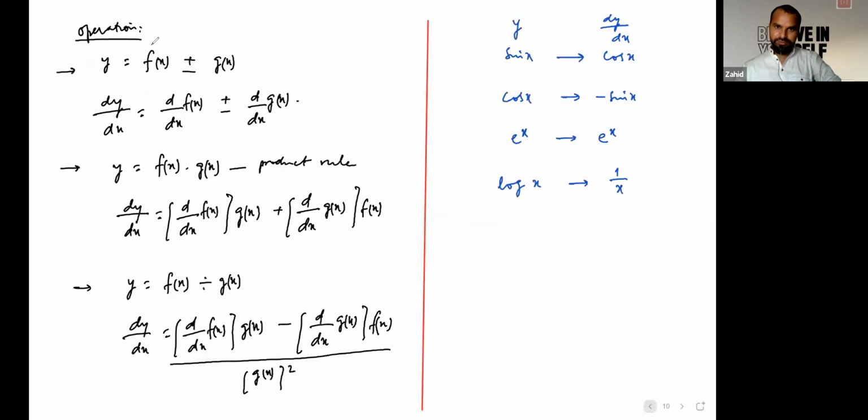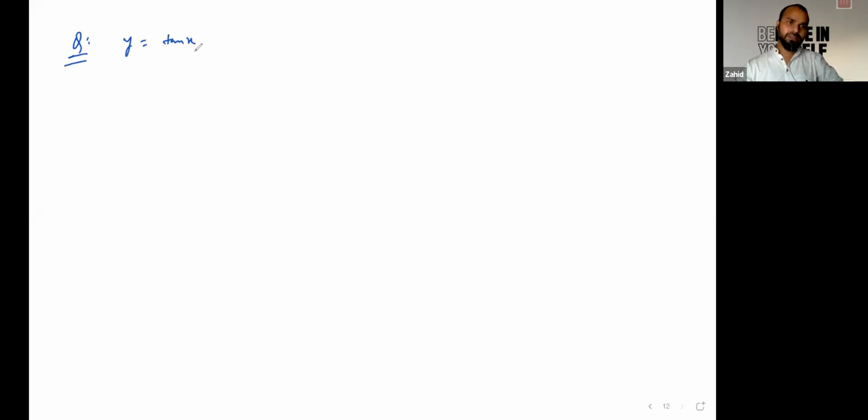Suppose someone asks you to differentiate tan, cosec, sec. Suppose y is equal to tan x, and we have to differentiate this particular function. Since I haven't given you the formula related to tan x, cosec x, sec x, cot x in this particular relation, how would you define it? Just break this particular trigonometric function into some known functions like sin x over cos x.